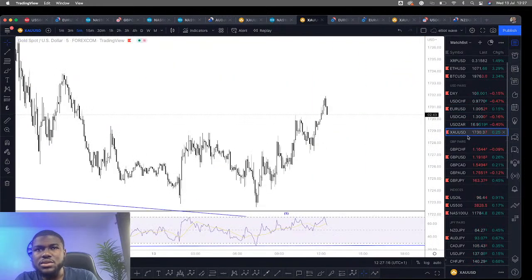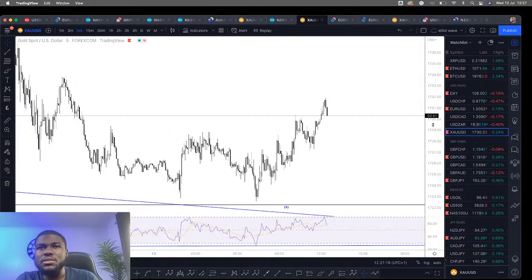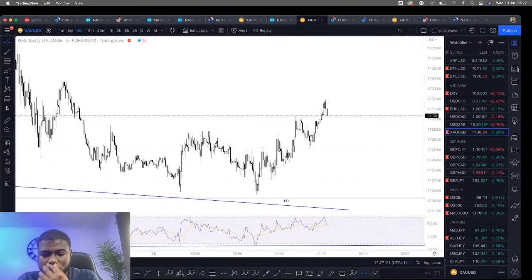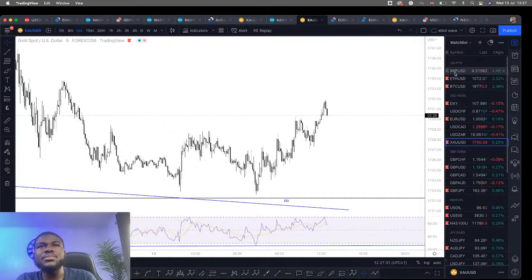We stopped at gold. Let's quickly check what has happened on those pairs we checked before the break, and then we can continue from there.